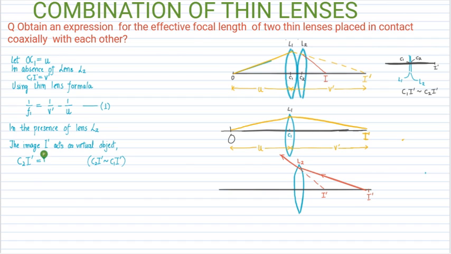So this V dash acts as the object distance. Now, what will be your image distance? The final image is formed at I. So let this represent your image distance, small v.